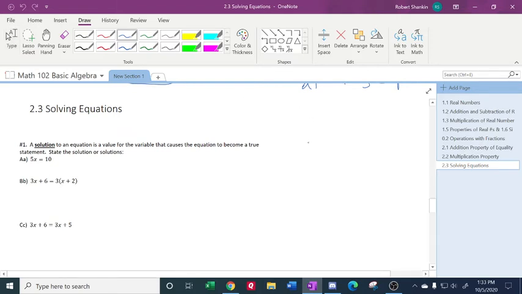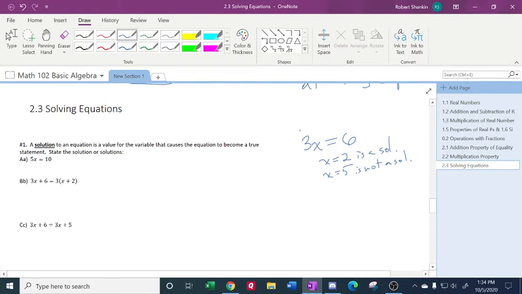So if I had 3x equals 6, then x equals 2 is a solution because it makes a true statement, 6 equals 6. X equals 5 is not a solution because it makes 15 equals 6, which is a false statement. When you put it back in, if it causes a true statement, it's a solution. If it causes a false statement, it's not a solution.